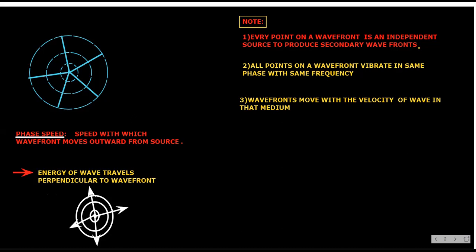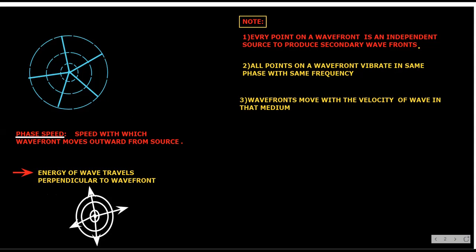It will have some speed, yes or not? Yes. So the speed with which this wavefront moves is called the phase speed. That is what your phase speed is. Continuously it will go on.